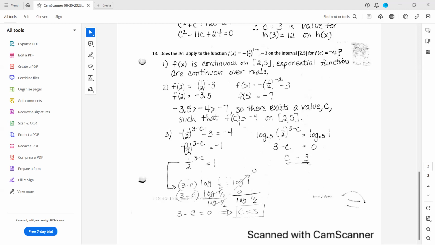But she wrote 1/2 as 0.5. I'm not sure why she has 5 there. I don't know why she has 5.